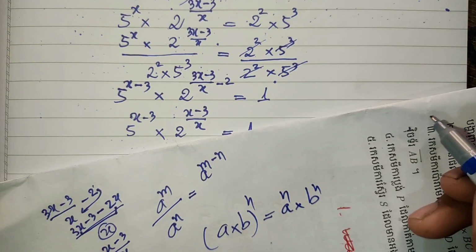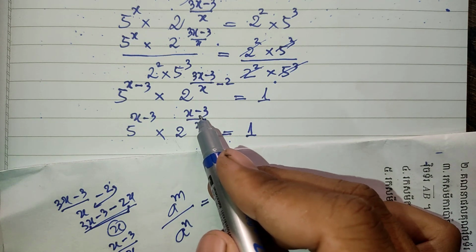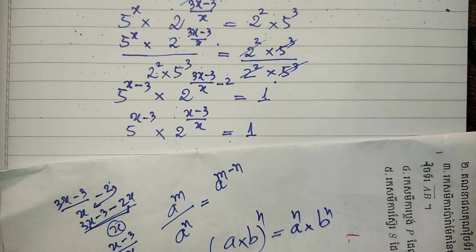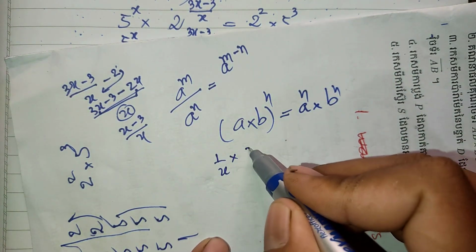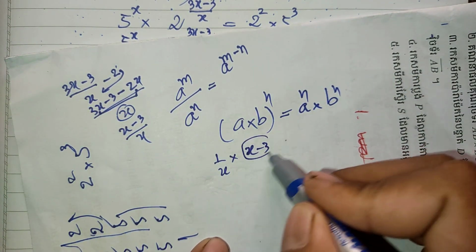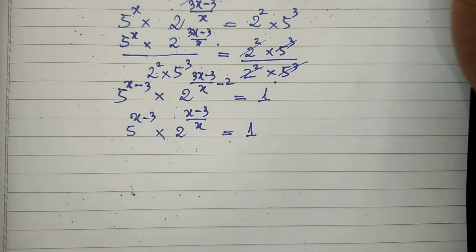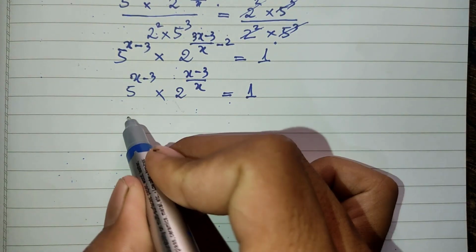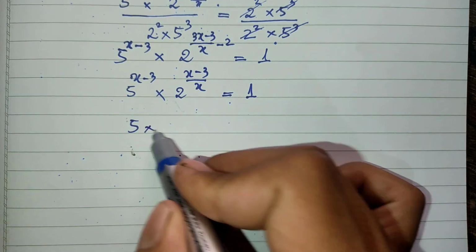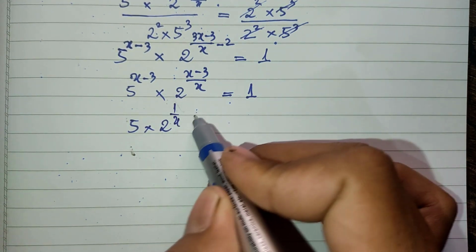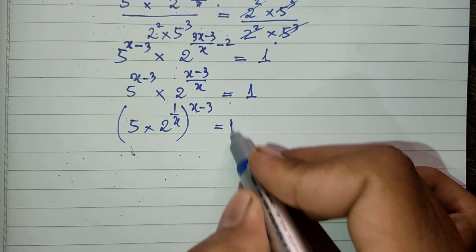Here, (h minus 3) divided by h we can write as 1 divided by h multiplied by (h minus 3), so we have h minus 3 the same. So we can write 5 power 1 multiplied by 2 power 1 divided by h, all power (h minus 3), equals 1.